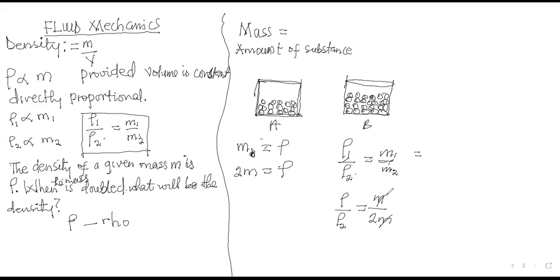And M and M will cancel. Therefore, rho over rho 2 is equal to 1 over 2. Make rho 2 the subject, and rho 2 equals 2 times the initial density. Okay, so density is directly proportional to mass, provided volume is constant. Then, is there any question?